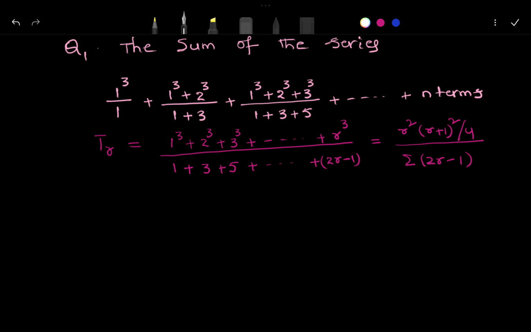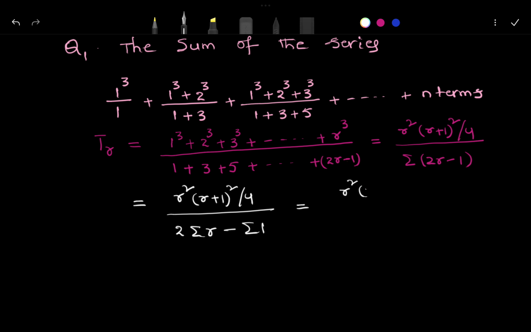The numerator is r square into r plus 1 whole square, whole divided by 4. The denominator will be 2 into sigma r minus sigma 1. By simplifying, r square into r plus 1 whole square, whole divided by 4, by 2 into sigma r.